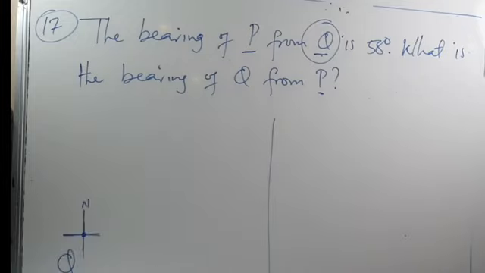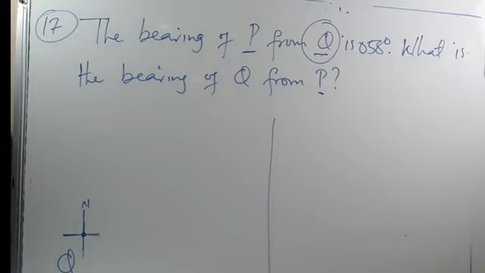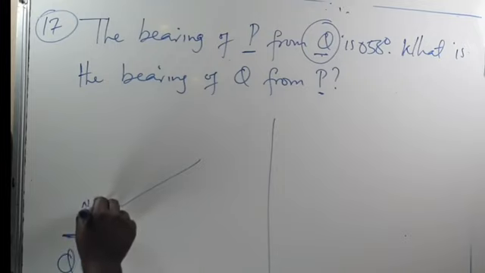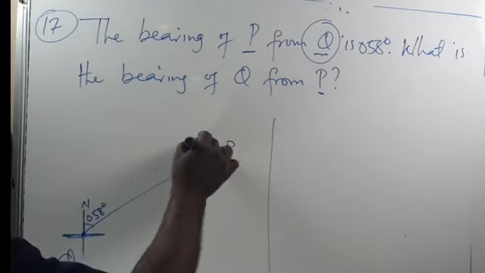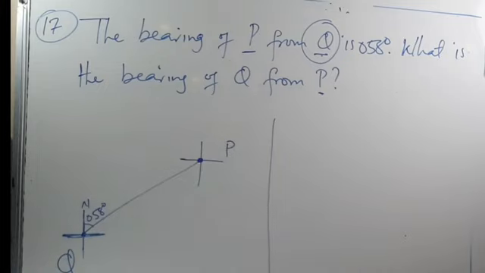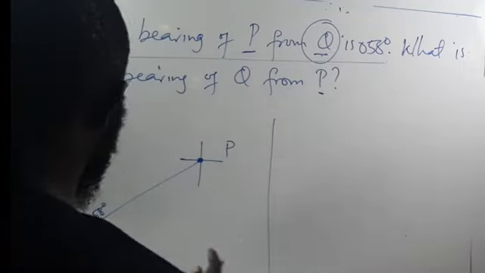As you all know, in three-digit bearing, you start from the north and move clockwise. So 58 degrees, this is 58 degrees. So this will be point what? P. Then we close it. Right? This is the interpretation of this.